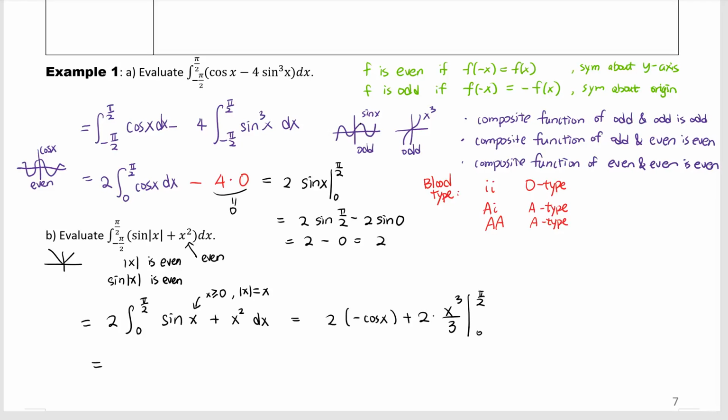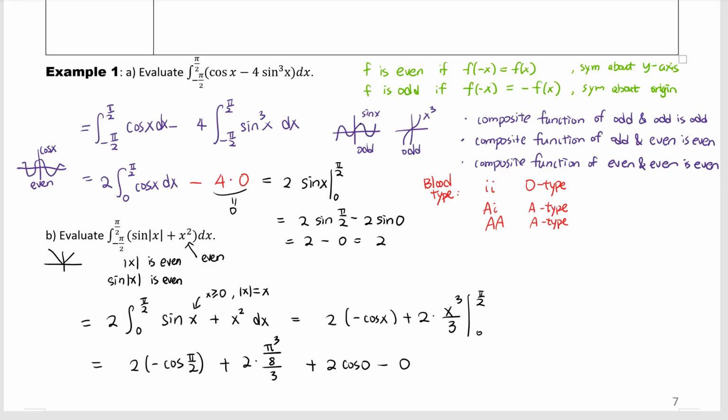So we plug in pi over 2 first, and this is 2 times pi over 2 cubed. So pi cubed, and 2 cubed is 8, minus 0. Negative becomes positive, 2 cosine 0, and the negative term when we plug in 0 is gone.